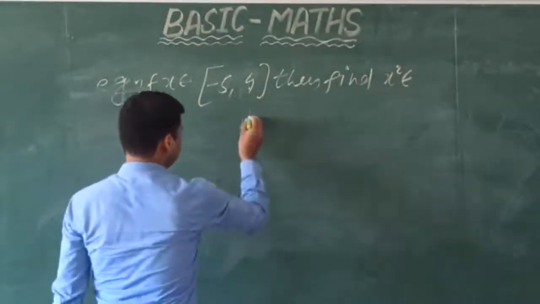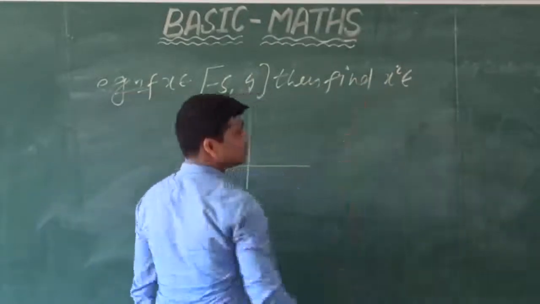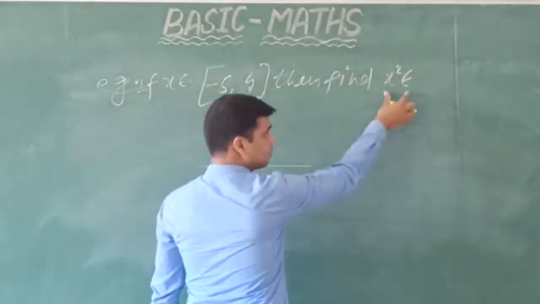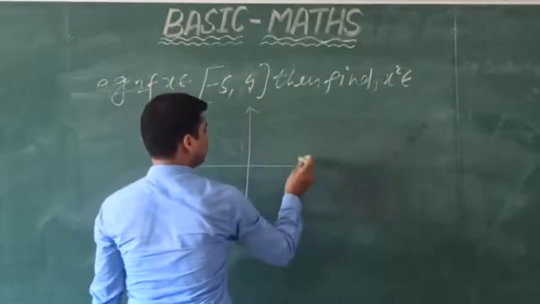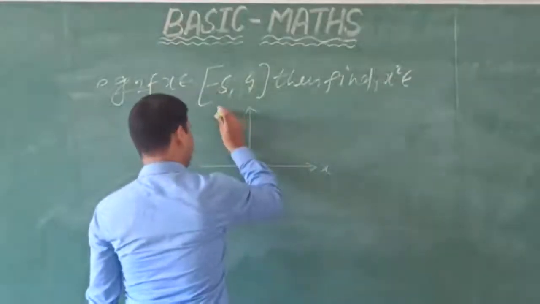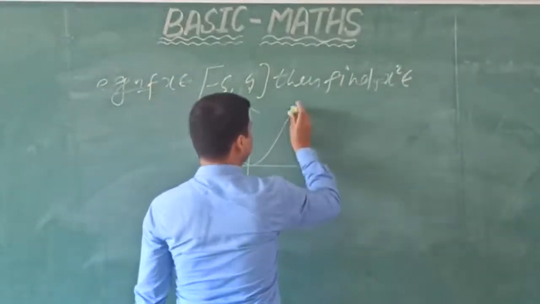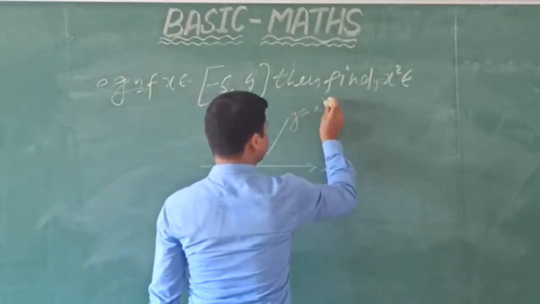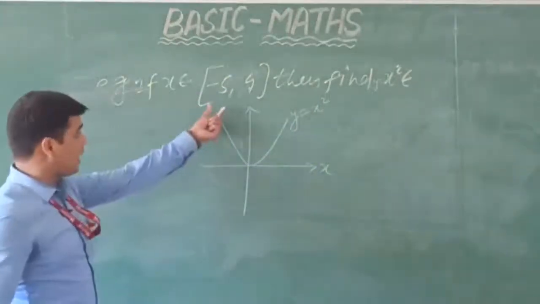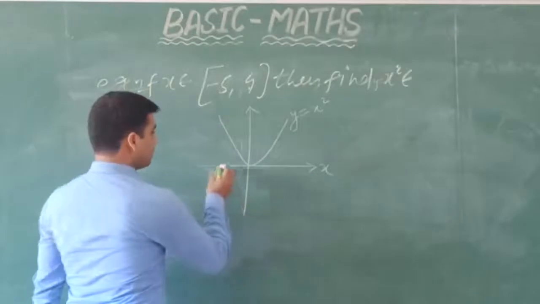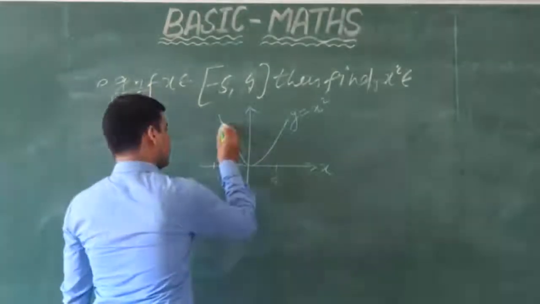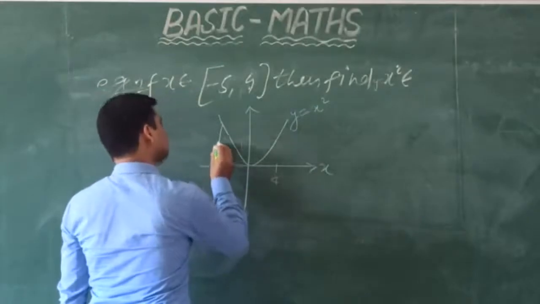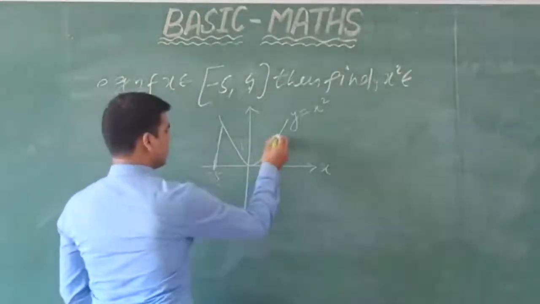See this here. Again, x square means we have to find the value, means output. So this one is y equals x square. So we are going to draw the graph of y equals x square. What is the input given here? Minus 5 to 4. So we know that this one will be minus 5 here, and this one is here 4.